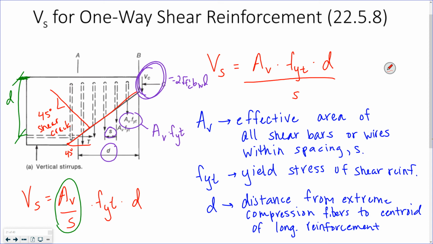You're going to have so much A_v, shear reinforcement, over a spacing s times a length d, and multiply it by your yield stress. So that gives you a force, right? That'd be basically saying 1, 2, 3, 4, maybe 5 bars over a length d, and that's why you have the d over s.